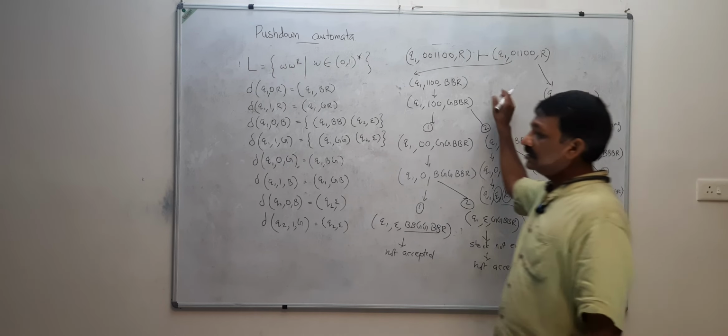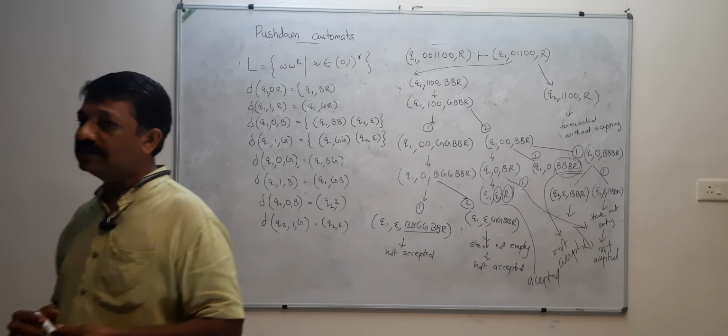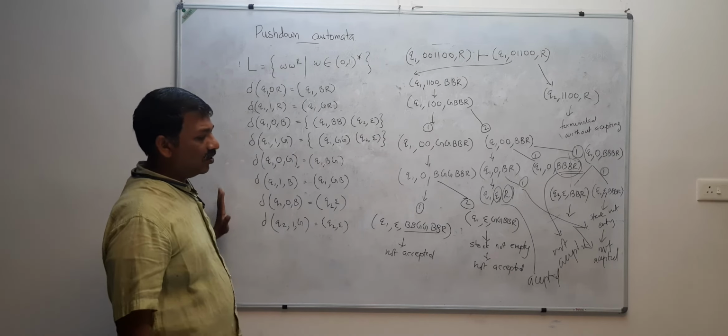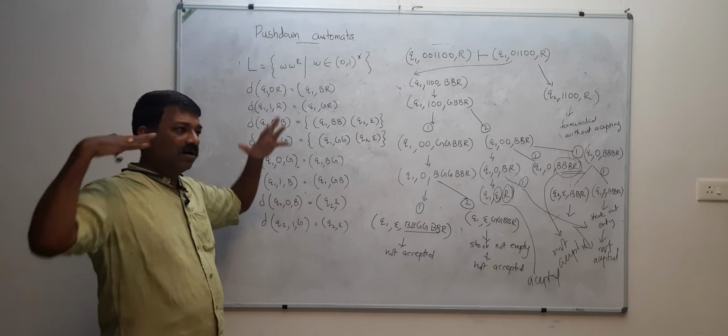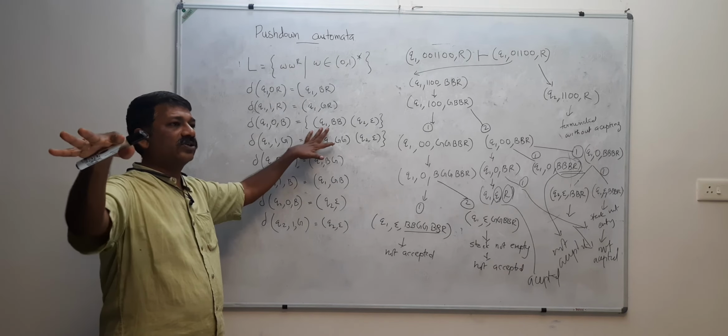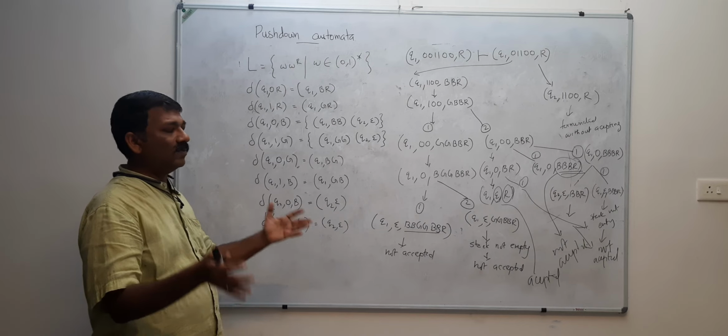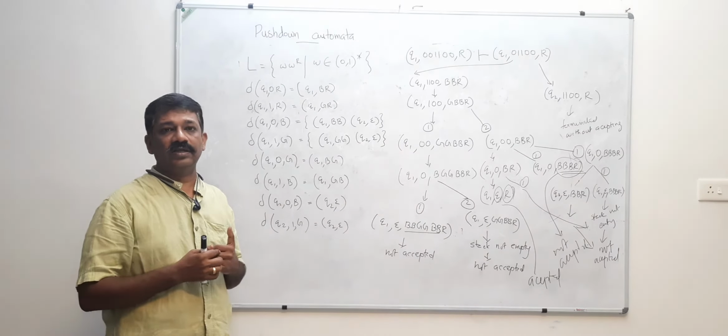This is the way. This is a non-deterministic pushdown automaton, and all pushdown automata are non-deterministic. You are going in different directions, and if any one of them is accepted, then that pushdown automaton is successfully accepting that string.